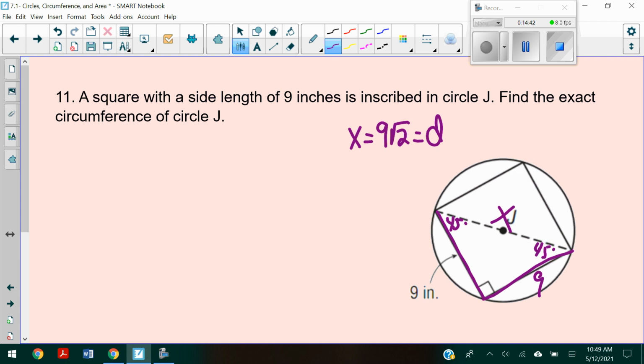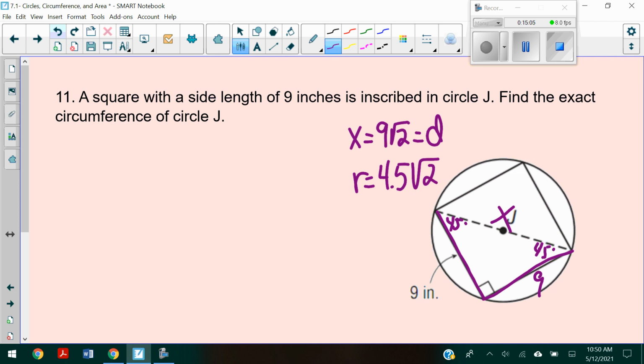So that's my diameter, okay? Because it says find the exact circumference, we don't want to have any decimals with that. So we want my radius. My radius is half that. I know we're going to have a little decimal there. All right, so my radius is 4.5 square root of 2.